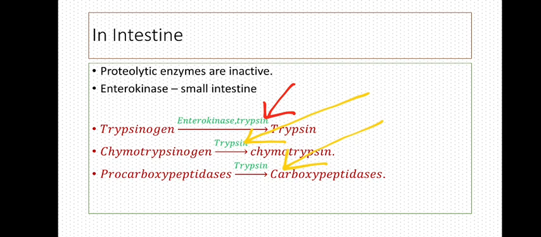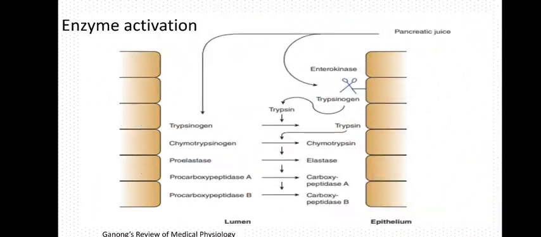So, here we are saying the activation of 3 different enzymes by one single enzyme, that is trypsin. In the beginning trypsinogen gets activated by the enterokinase enzyme. These 3 enzymes that we are discussing are the secretions of the pancreas, whereas enterokinase is the enzyme of the small intestine. Anyway, by the end of the activation, the system will have trypsin, chymotrypsin and carboxypeptidase.